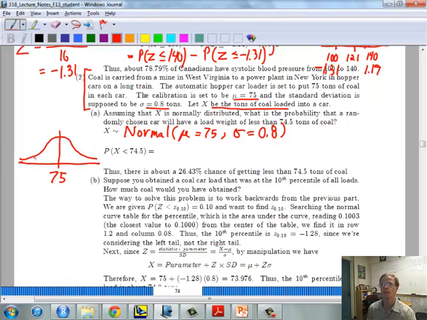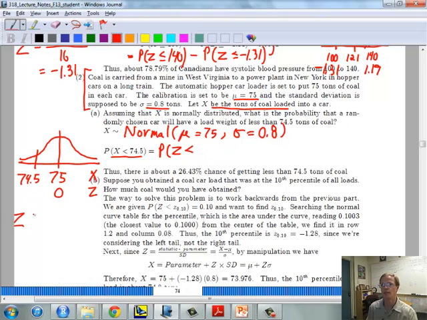Well, here we go. 75, I'm going to put 74.5 over here on the left. Doesn't matter exactly where you put it. Of course, the more accurate your sketch, the more it helps your intuition, but before you solve it, you don't know exactly where to go. So, the probability that X is below 74.5 is the same as the probability that z is below what?